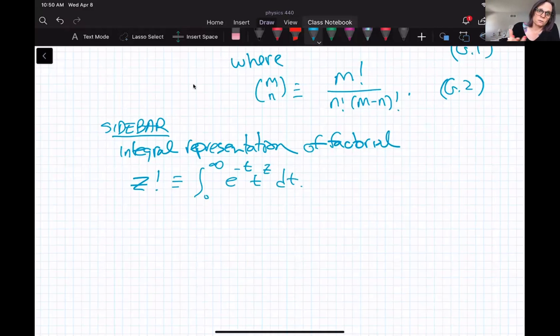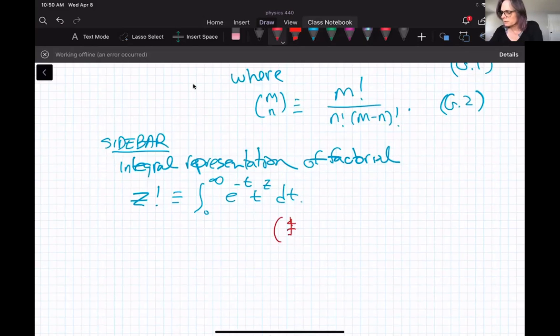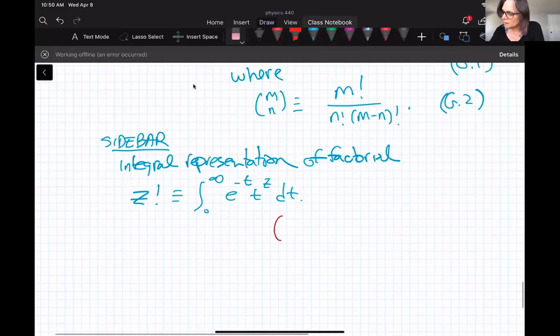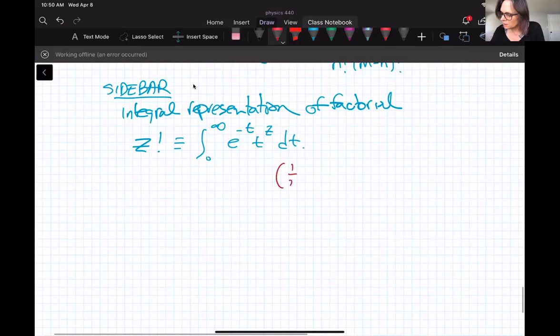That functionally gets you the integral representation for factorials, but it also allows you to write the half integer representation. We'll see this when we talk about special functions. 1/2 factorial, if you follow this integral, is square root pi over 2.